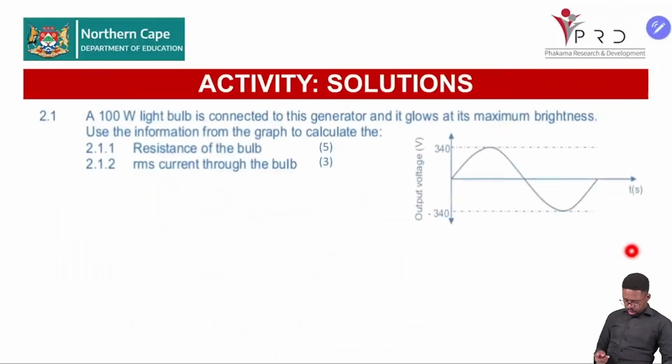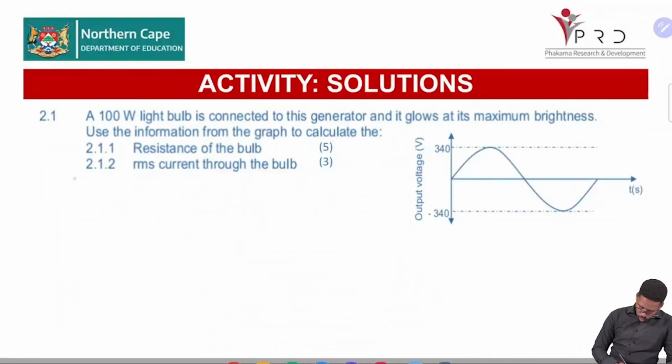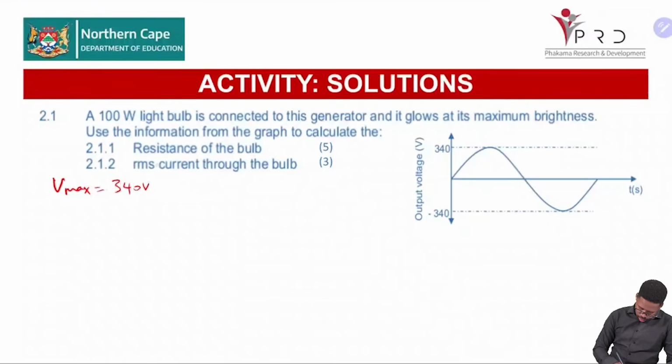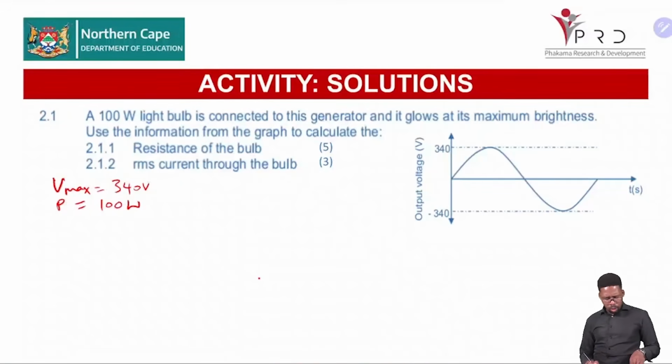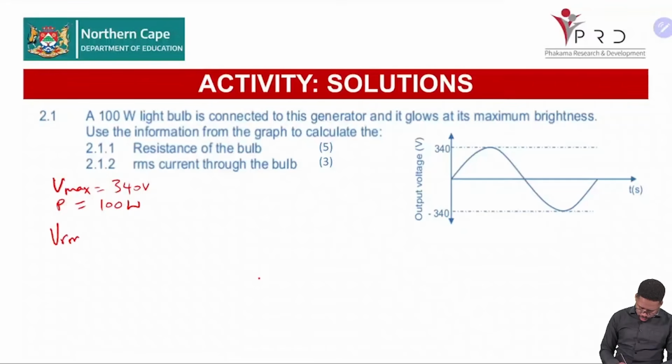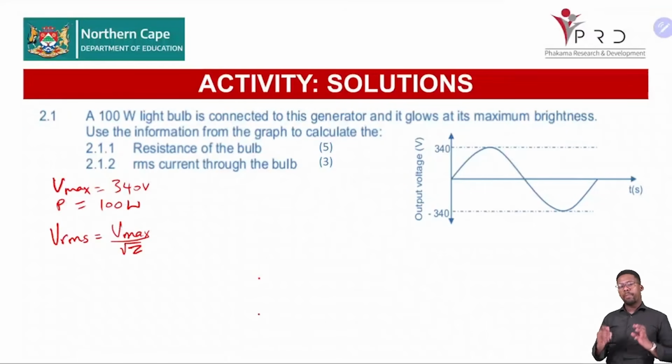So how do we deal with it? I mentioned to you, we are given Vmax 340. We are given power 100 watts. Because we are having this Vmax, we can say VRMS equals Vmax over root 2. You can see we put the subscripts, RMS, max.